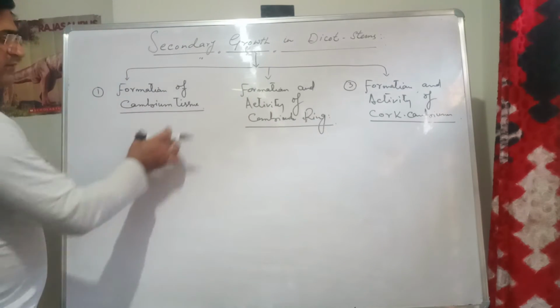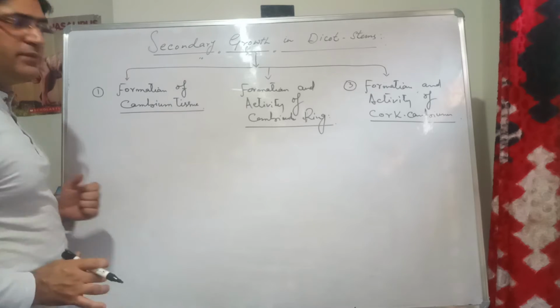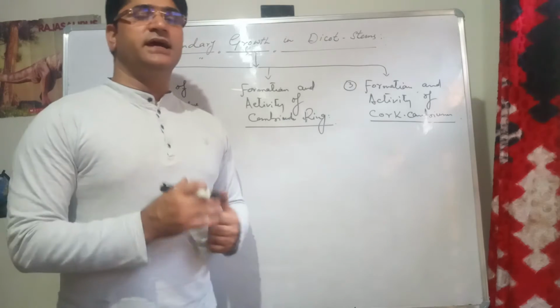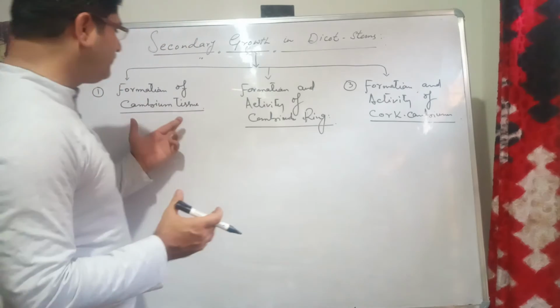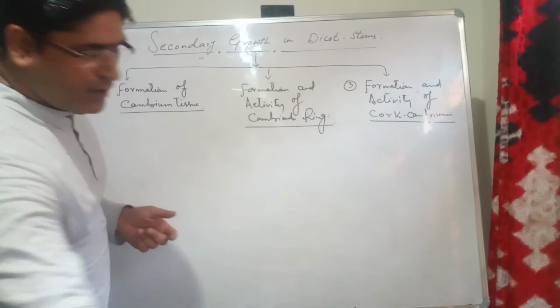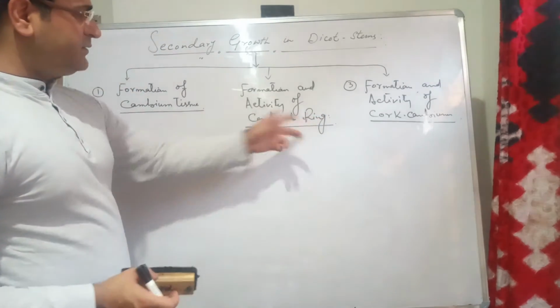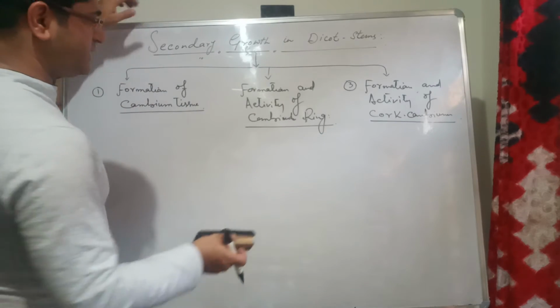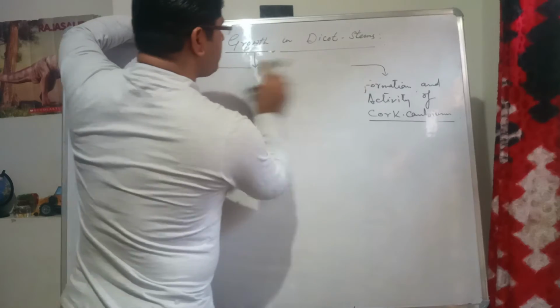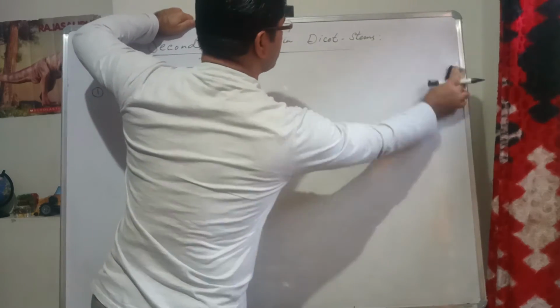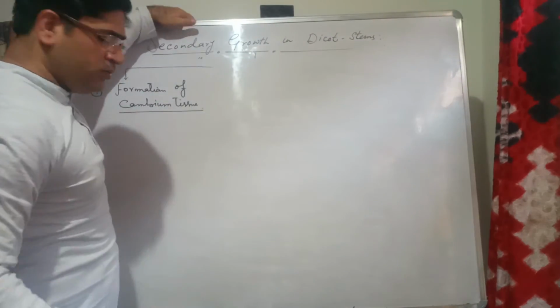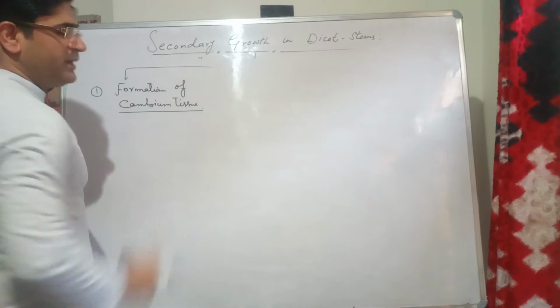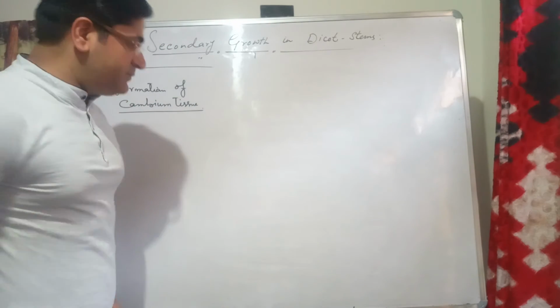First we'll understand how this cambium is going to be formed inside the dicot stem, the formation of cambium tissue. Let me rub this side. Till then we complete this first step, then I can move ahead to the second step. Now, formation of this cambium tissue inside the dicot stems.